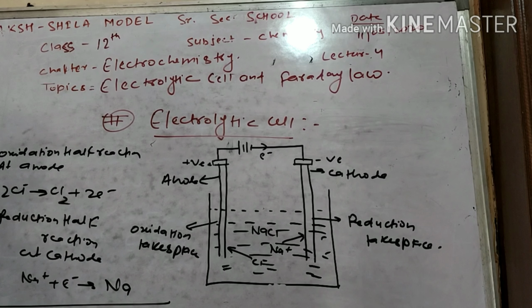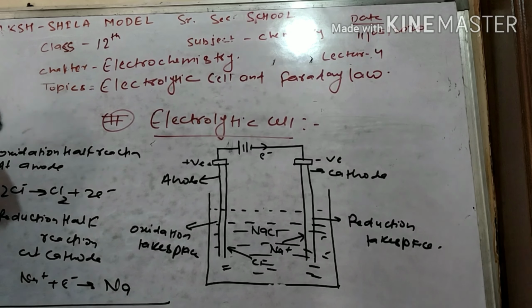And when we write the overall reaction, then this will be Na positive plus half Cl2 negative gives NaCl. तो एक जनरल रिएक्शन होता है.